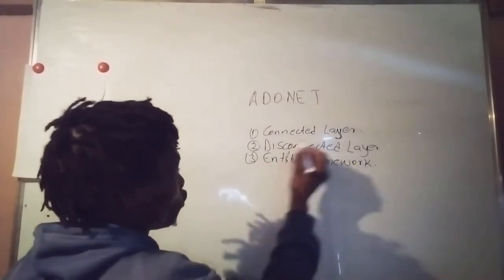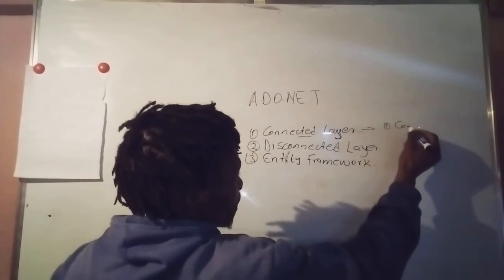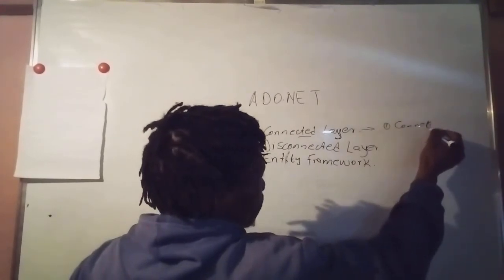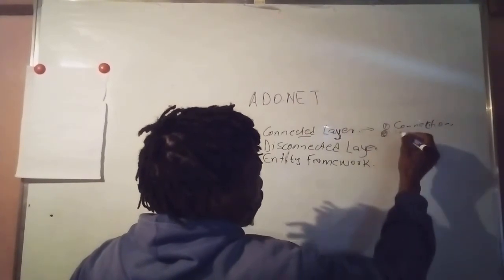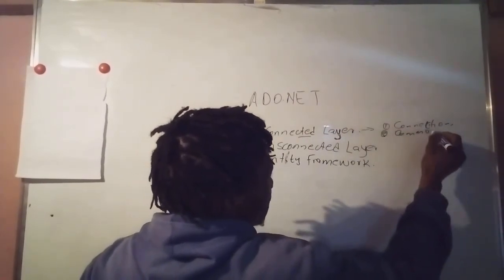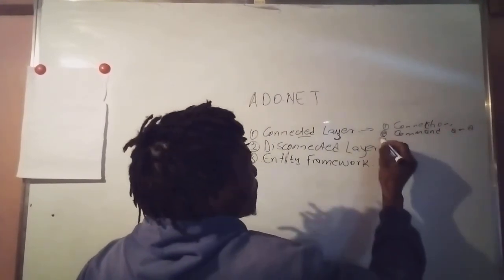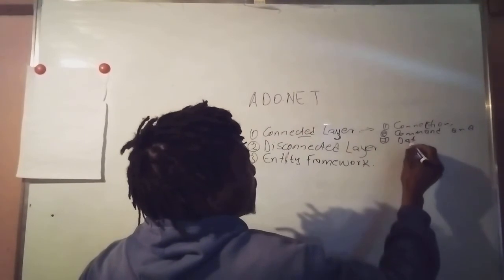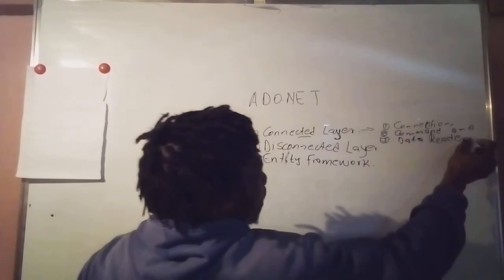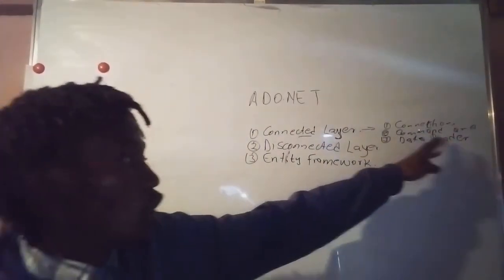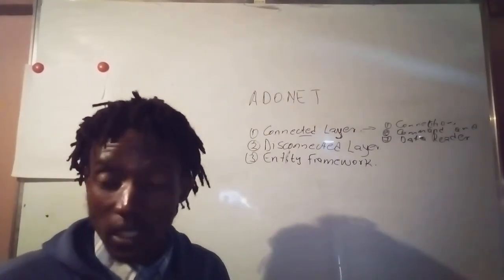We use connection objects and command objects, and we also make use of data reader objects to read the data that is returned by the queries that we run on our RDBMS. So we make use of connection objects, command objects, and data reader objects to communicate with the RDBMS.